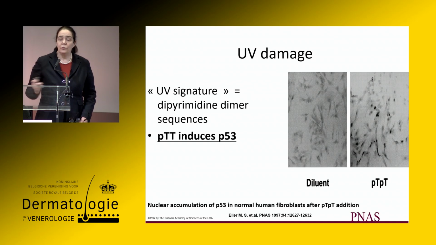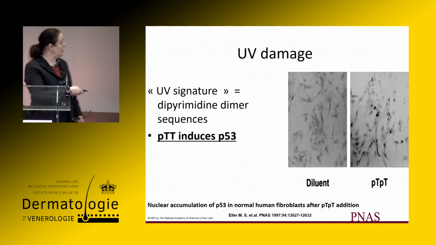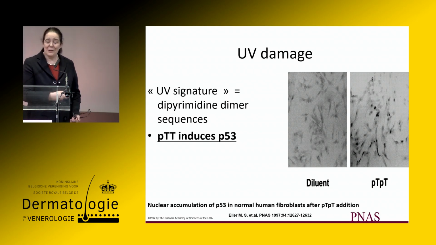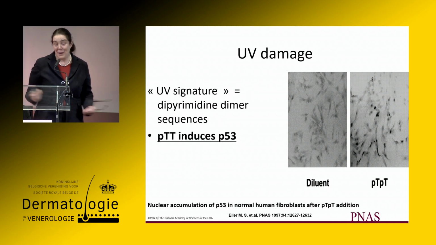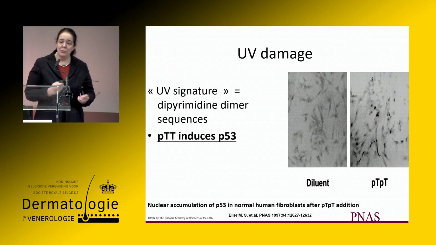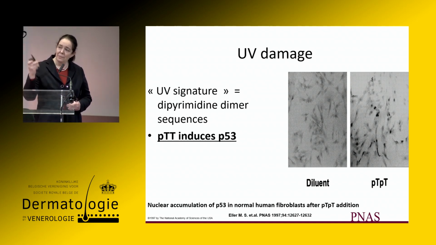So UV damage induces P53. You see that this publication is from 1997. So it's quite recent that we understood, and it was shown by Barbara Gilchrest that, in fact, P53 was crucial, induced by pyrimidine dimers.